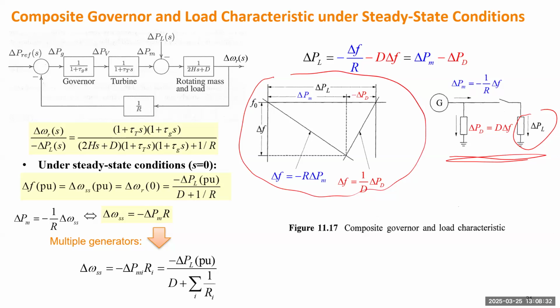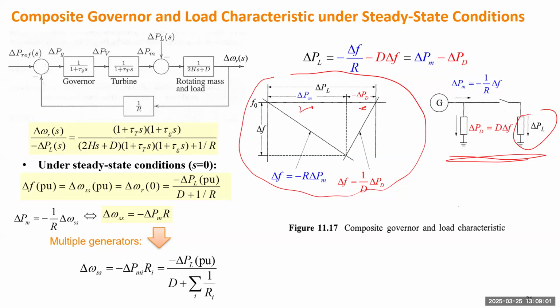The top edge of the triangle indicates the total change of the load, which is equal to two components. One is the change in the mechanical power, and the other is the change in the frequency-dependent load. So why is there a negative sign before delta PD? Because as I said, the frequency change and the load change are actually in opposite directions. So that's why you need to put a negative sign here.